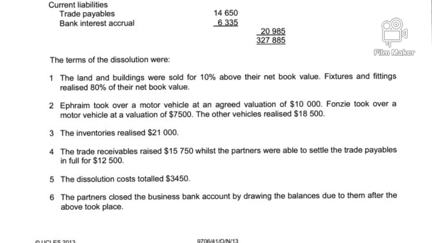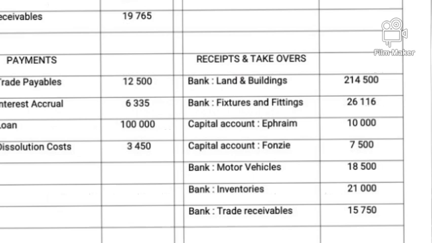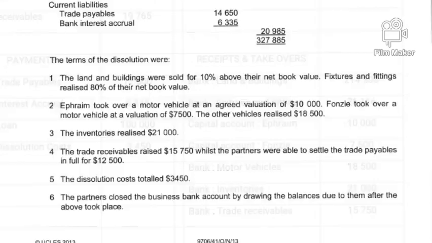So trade receivables settled their amount in full by paying 15,750. I'm going to record bank semicolon trade receivables under the heading receipts and takeovers so as to subtract the debt owed by the customers.